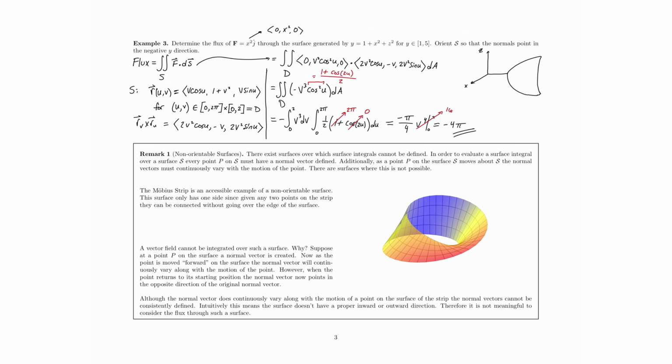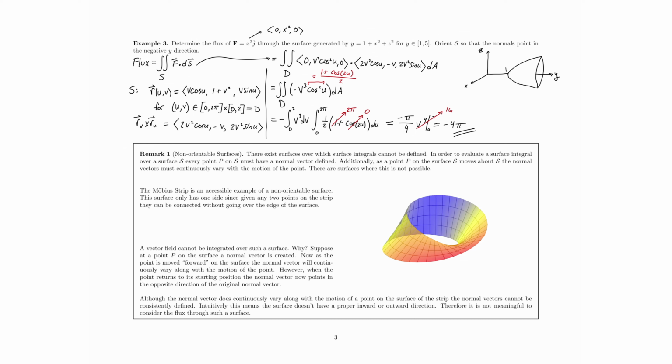Not the best drawing there, that's okay. Trying desperately to make that look a little better. It's an elliptic paraboloid that opens in the positive y direction. It begins at a y value of 1.